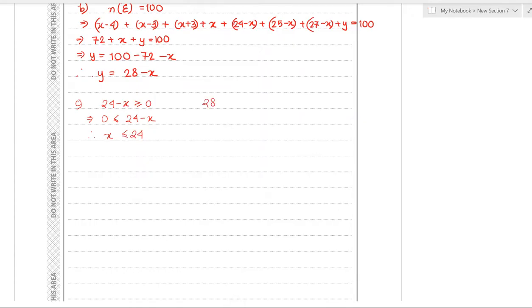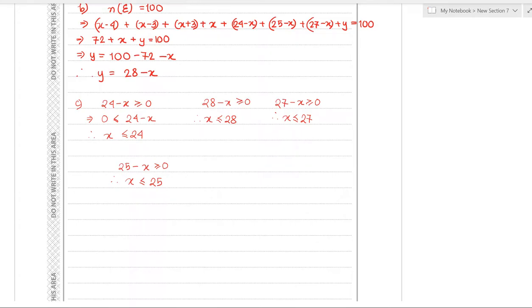Then again we have 28 minus x greater than or equal to 0, and if you calculate it, you get a value of x less than or equal to 28. We have 27 minus x greater than or equal to 0, so we have x less than or equal to 27. And finally there was another term, that was 25 minus x greater than or equal to 0, and we have x less than or equal to 25.